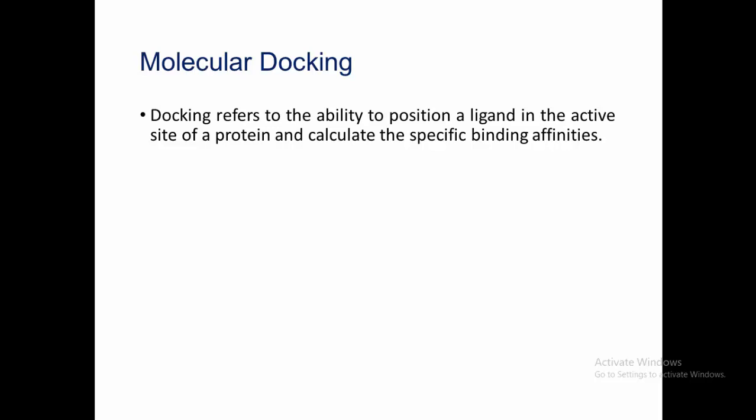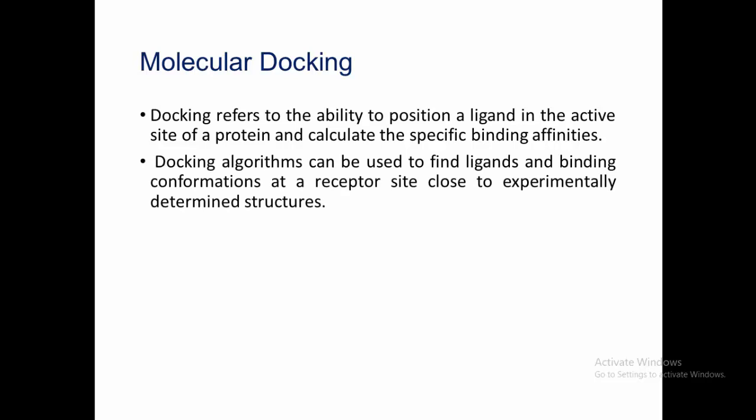Molecular docking simply is to place a ligand into the active site of a protein, and then we let the program or software calculate the binding affinity of the ligand with the target protein.